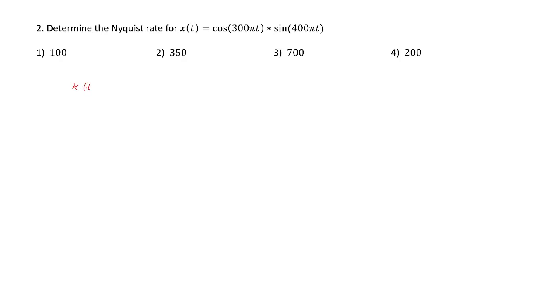Here xt is given as cos 300 pi t times sin 400 pi t.